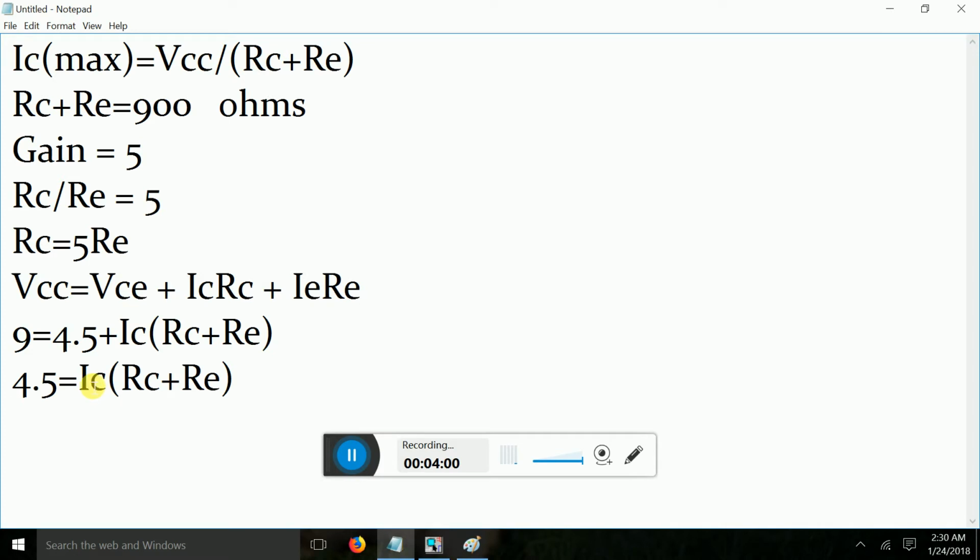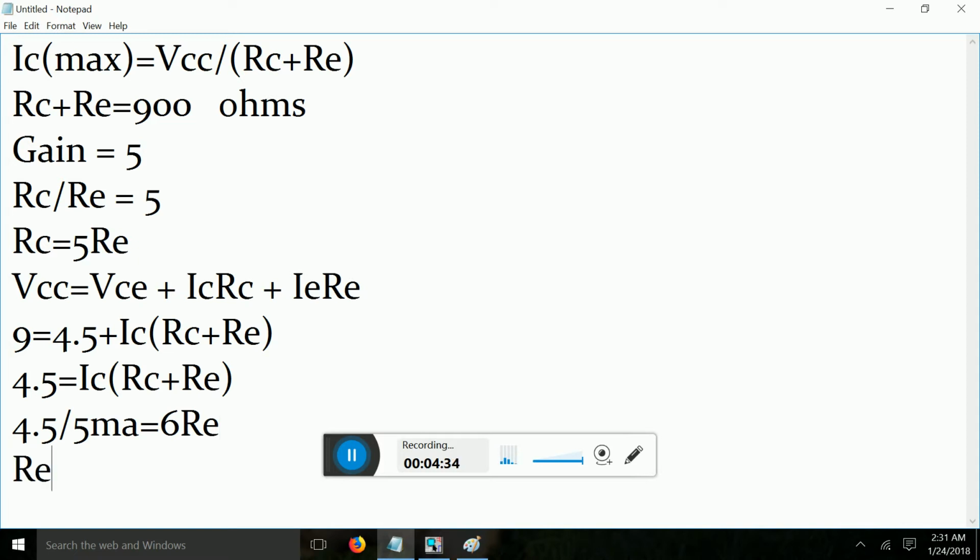As you know that IC is the quiescent collector current, which is 5 milliamperes. So 4.5 divided by 5 milliamperes equals, put RC equals 5 RE, means here it is 6 RE.